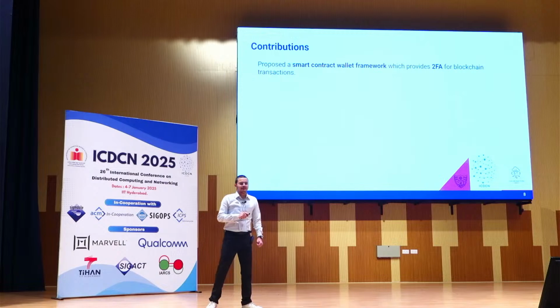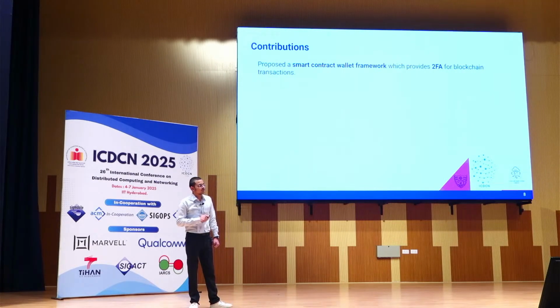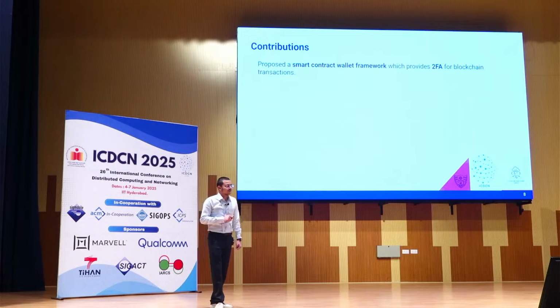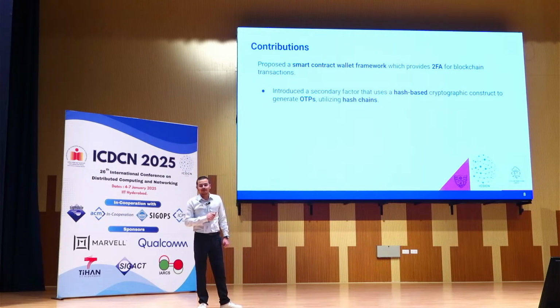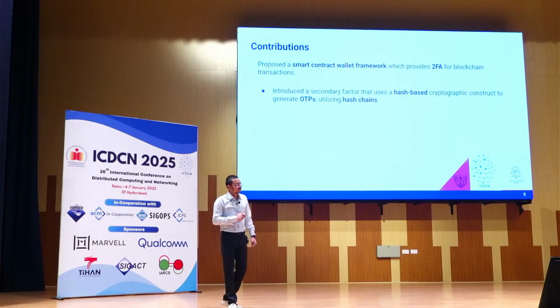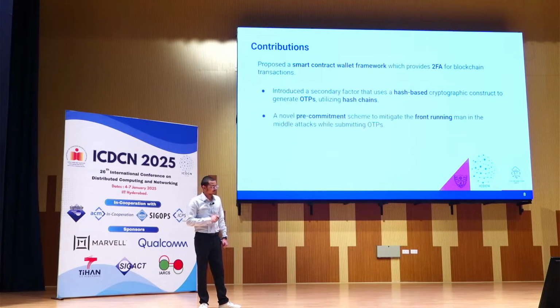So the contribution in this research work is that we have proposed a smart wallet framework which provides two-factor authentication for blockchain transactions. We have introduced a secondary factor, which I showed in the earlier diagram, based upon hash chains. We are adding a hash-based cryptographic construct to generate the OTPs.